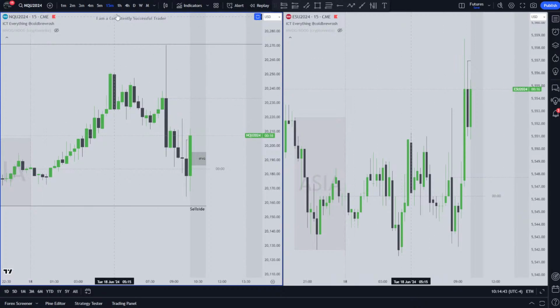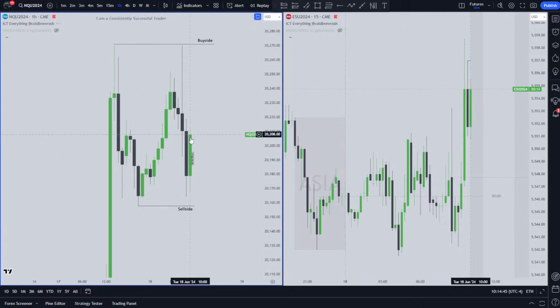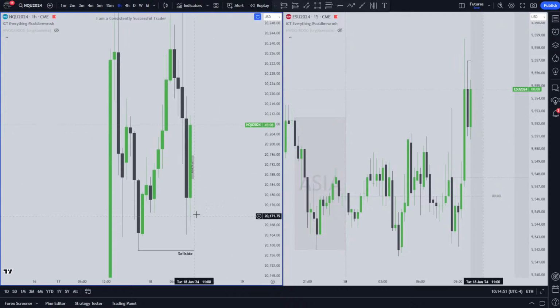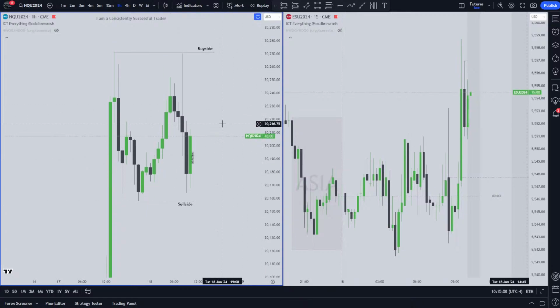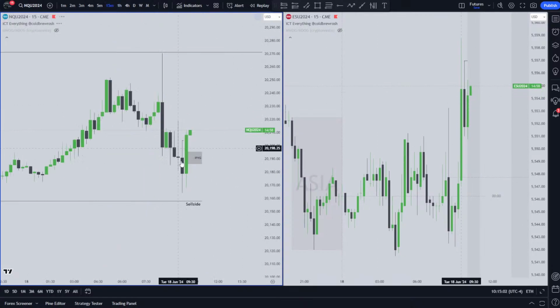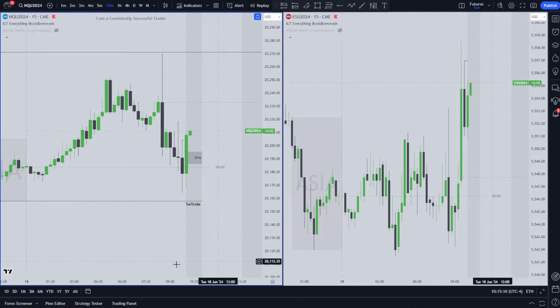I need to reject the 1 hour. Oh, the 1 hour touched the rejection block to the tick, and then I would like to see this as the Judas. So since we're touching the rejection block, this was the Judas higher for the continuation lower.